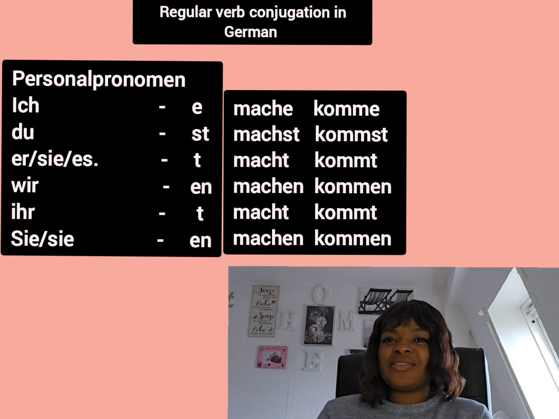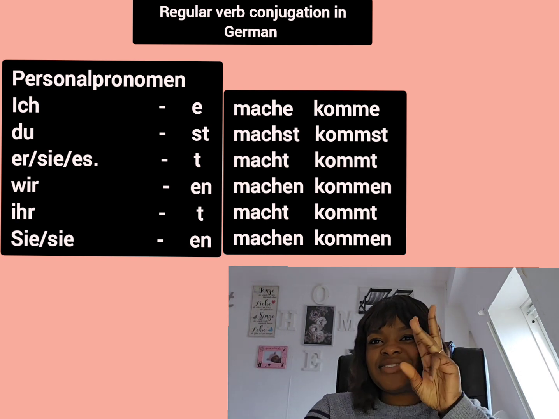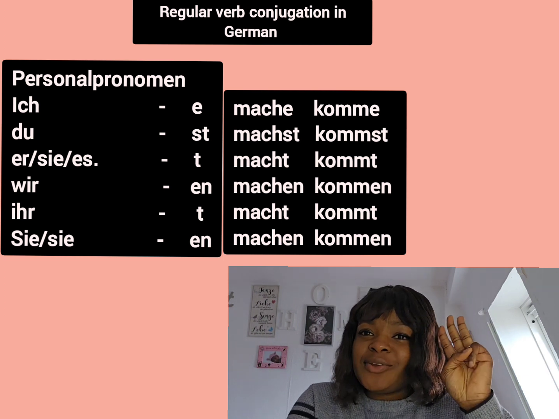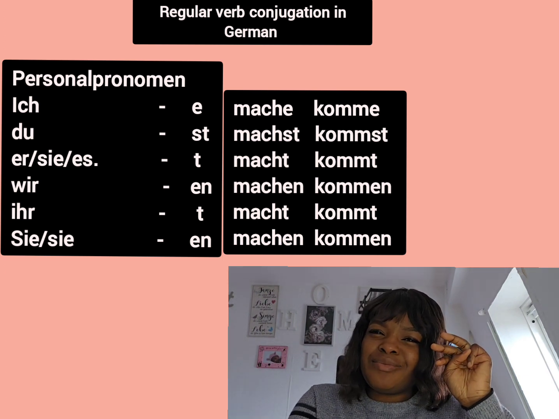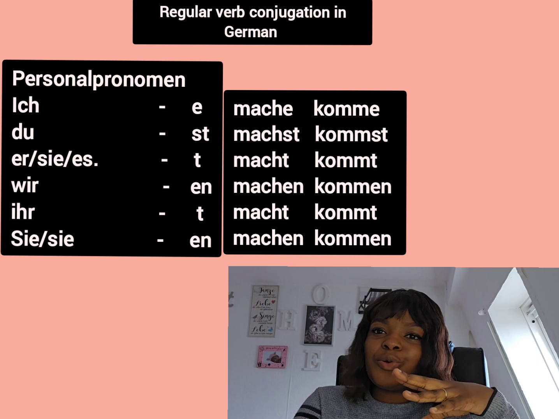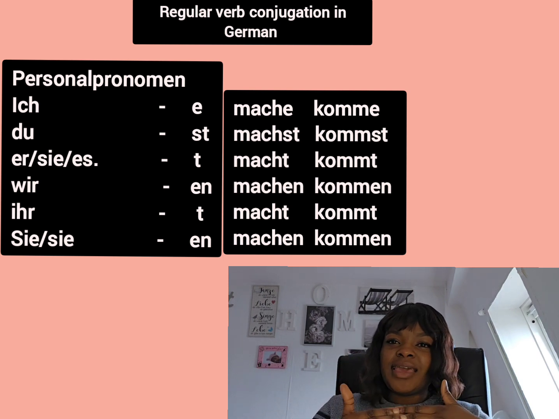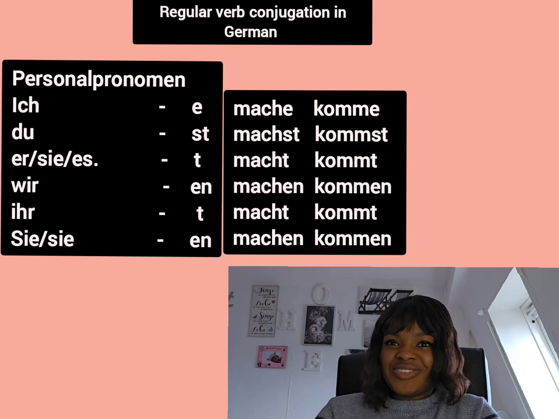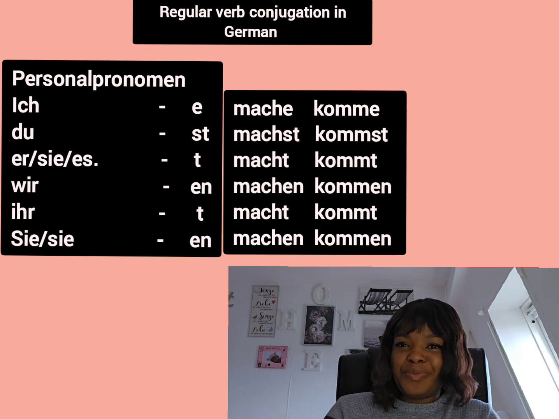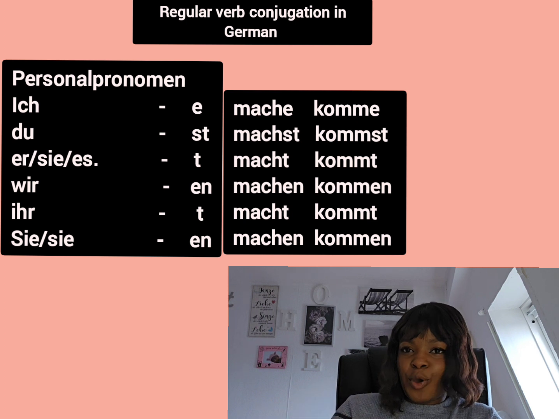If you notice, we have three sie. Don't be confused. Most times it's very difficult to know, but it depends on the context. You understand majorly based on the context. Sie, which means she, for the third person, is mostly in small letter.